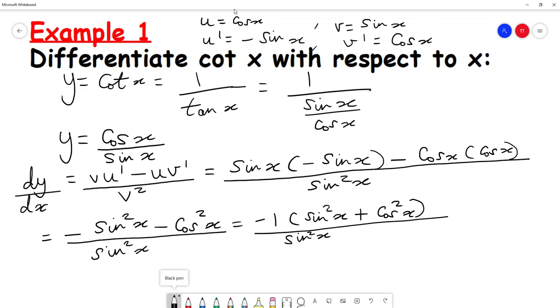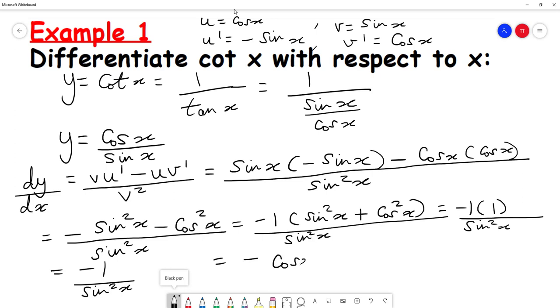So now we end up with minus 1, or sine squared x plus cos squared x is 1, all divided by sine squared x. So now we end up with minus 1 over sine squared x. Well, 1 over sine is cosec, so we get minus cosec squared x.